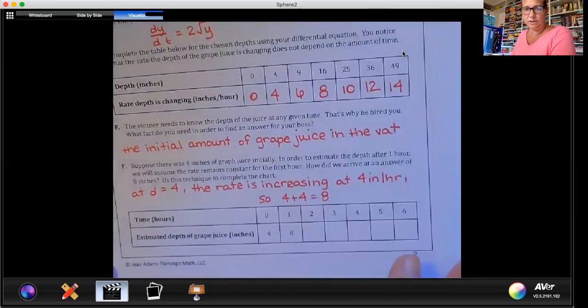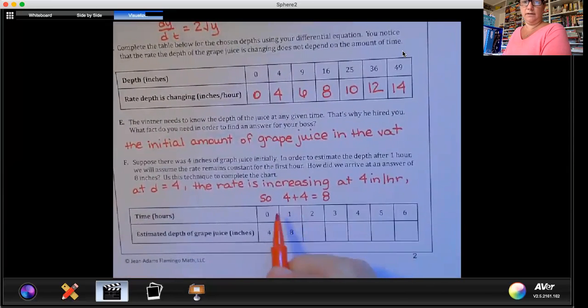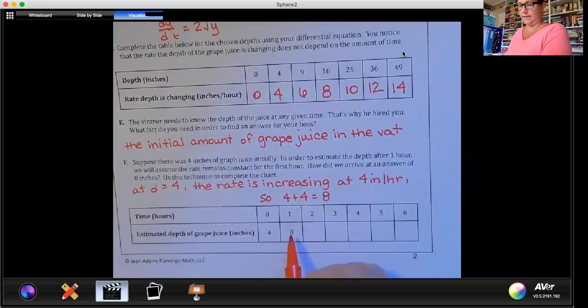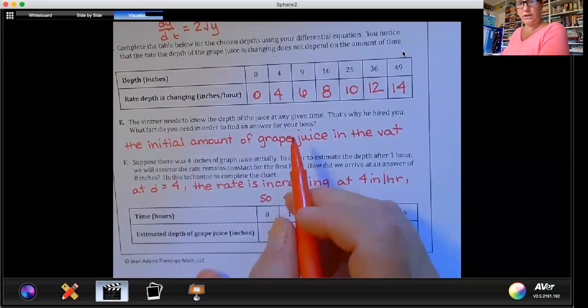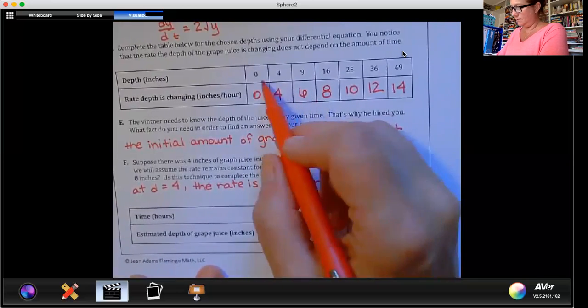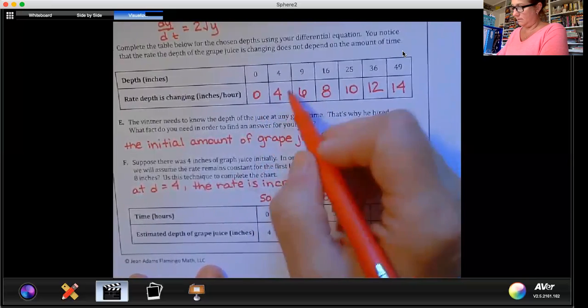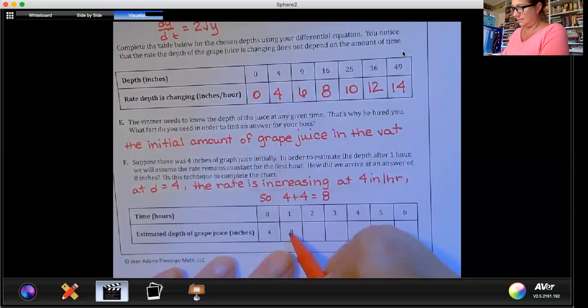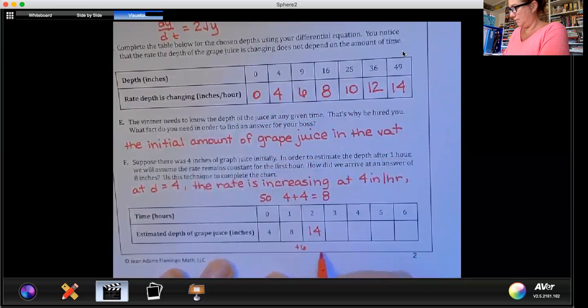Now we're going to complete the chart. So we've done it for, initially there were 4. After the first hour, there were 8. So now we're going to use these values. So what we did was this was 0, 4. We added 4 to get 8. Now we're going to add 6 to get 14. And we're going to add 8 to get 22.